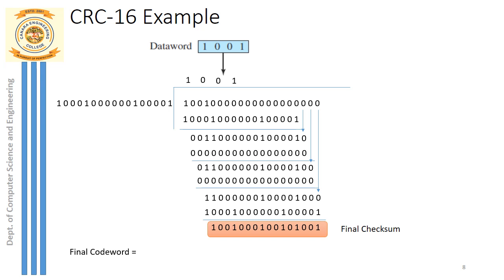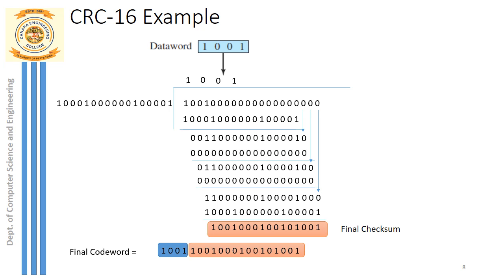The final code word will be the data word, that is 4 bits, plus the 16 bits of final checksum: 1001 followed by 16 bits of final checksum. This is how we calculate CRC16 to find out the code word at the sender side.